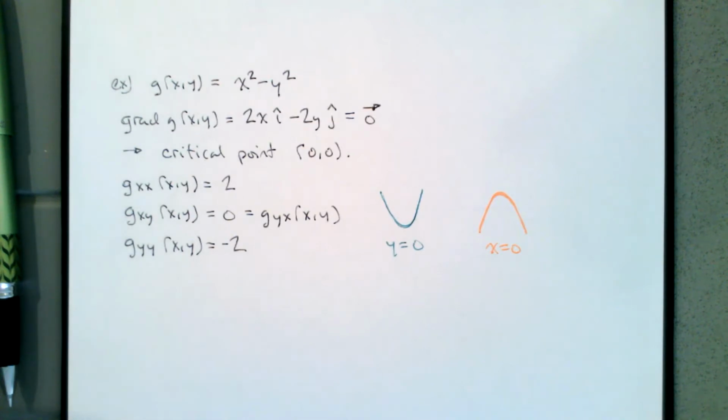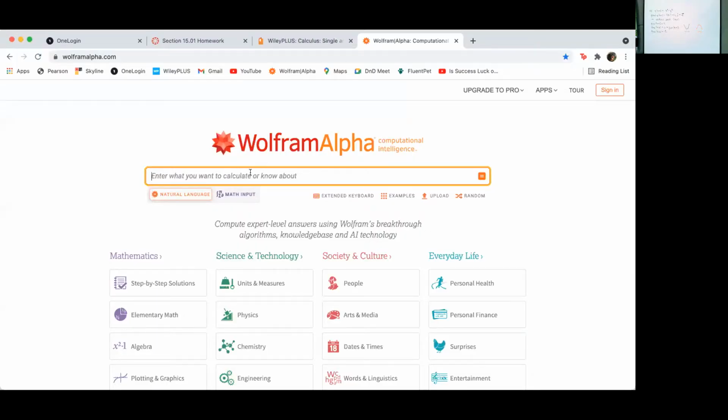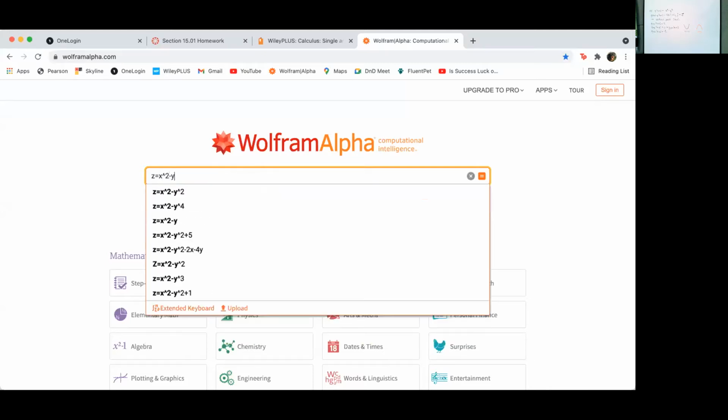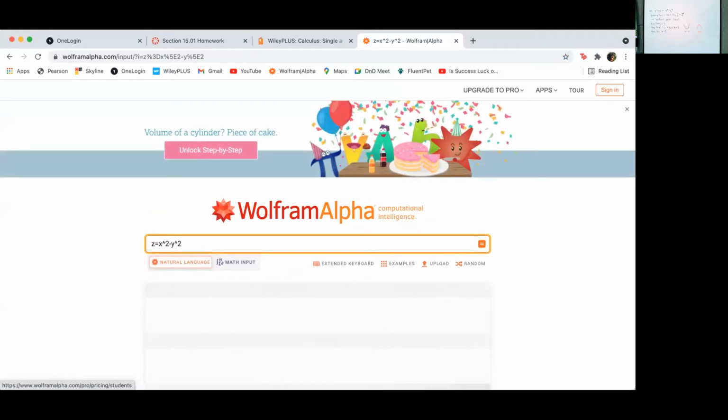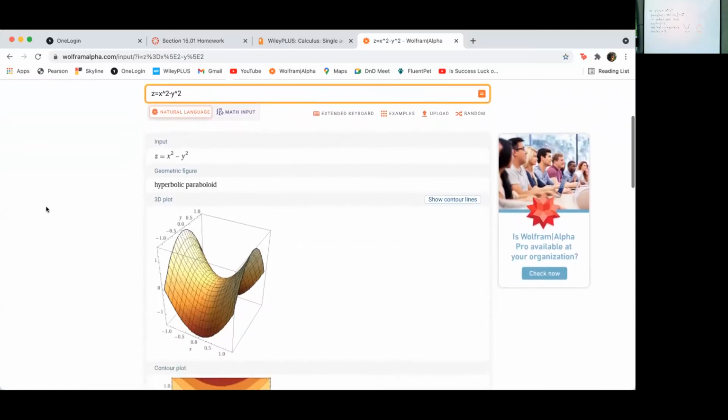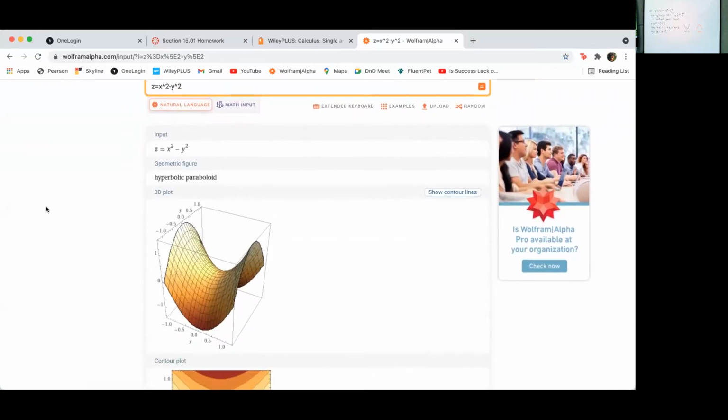So let's take a look at one of our favorite graphing calculators, and let's look at the function z equals x squared minus y squared. When we look at what the surface looks like, we see that in one direction we have parabolas facing up, and in the other direction we have parabolas facing down.